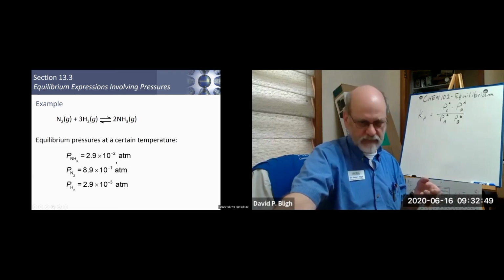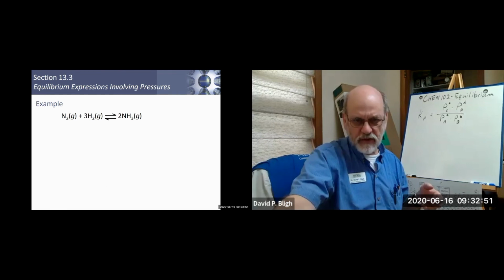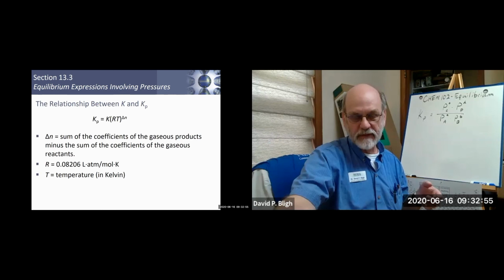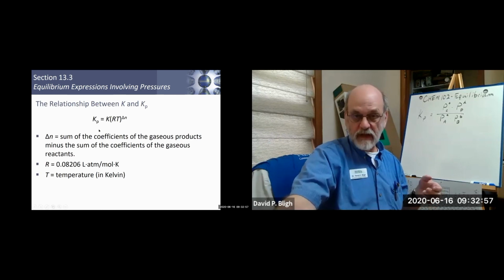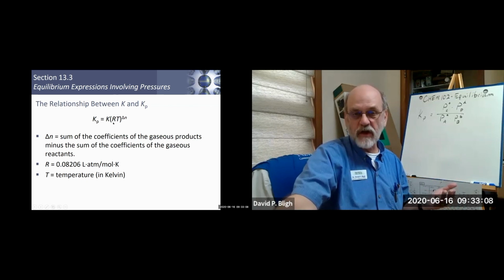Let me skip ahead and show you that one. We'll come back. There we go. So if you know the K value for the molarity, the Keq, you can convert to the Kp. All you need to know is the temperature and how the number of moles changed, right?